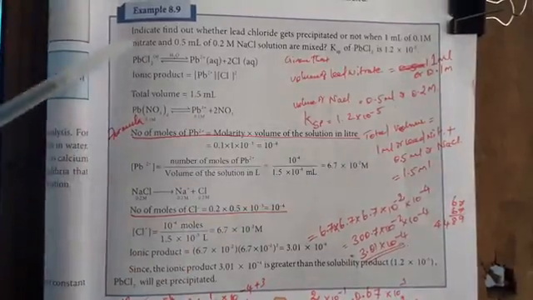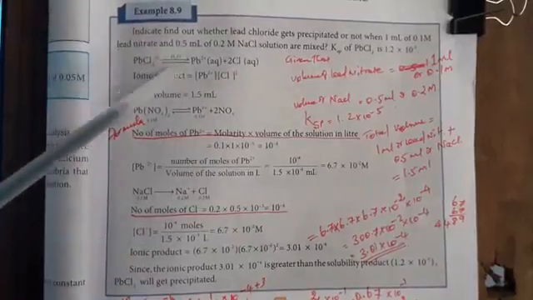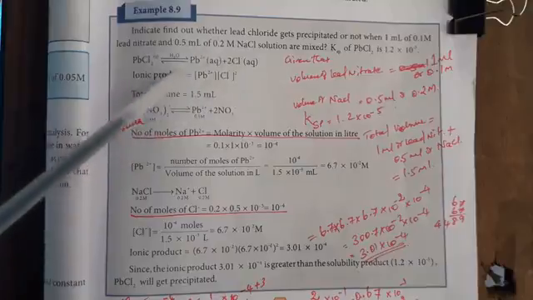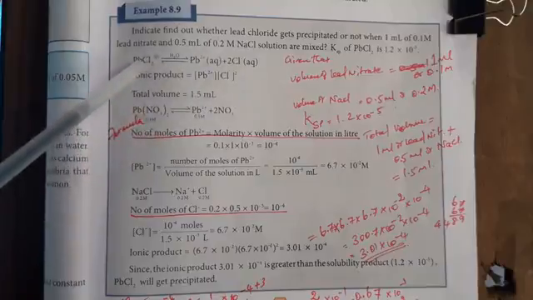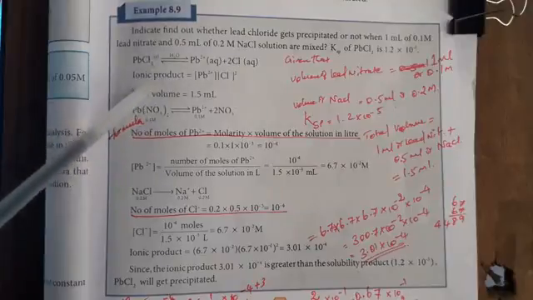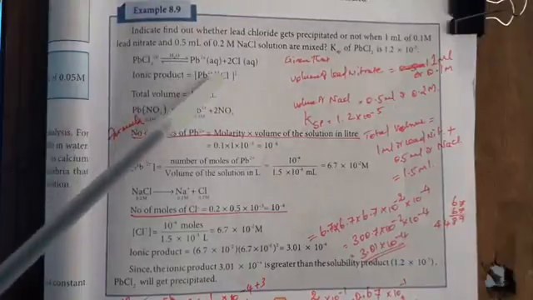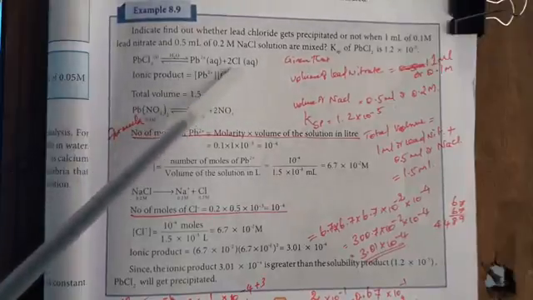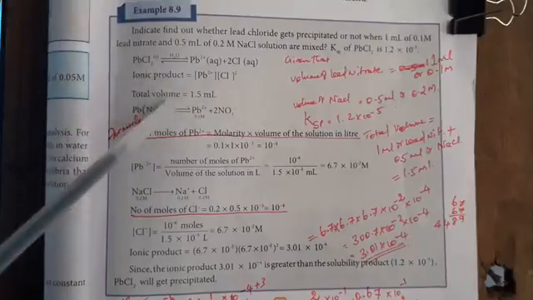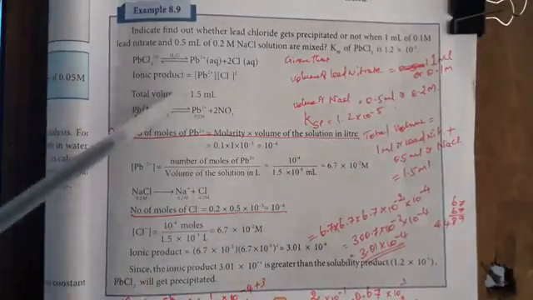Next, see the equation, lead chloride equilibrium, lead 2 plus and 2 Cl minus. These are the equation for the precipitate in aqueous solution. The ionic product is equal to concentration of lead 2 plus and Cl minus whole square. Okay, this is the formula. Total volume, already see that 1 plus 0.5 ml, totally 1.5 ml.